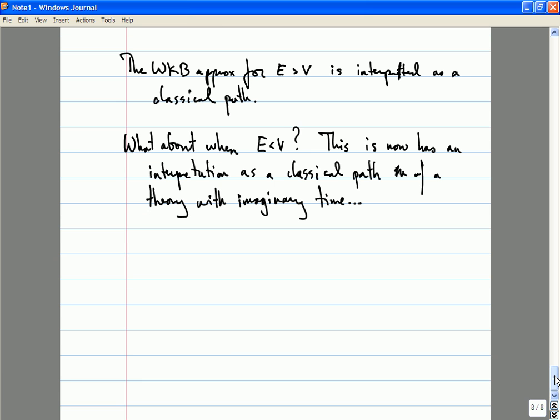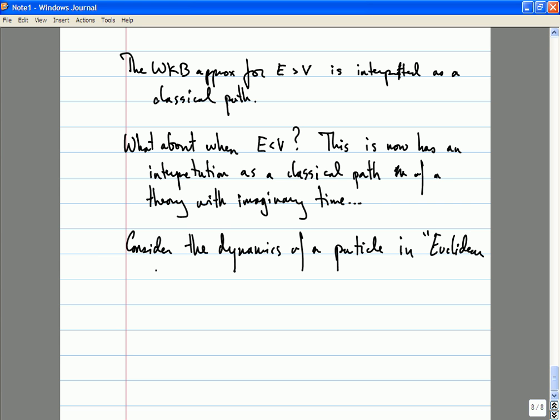Let's consider the dynamics of a particle in what is known as Euclidean space, where I take the normal time coordinate of quantum mechanics, and I declare that instead of it being real, it is purely imaginary. I'll write it as i times t_E, where t_E stands for Euclidean time.